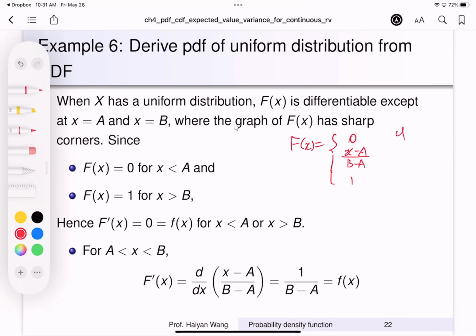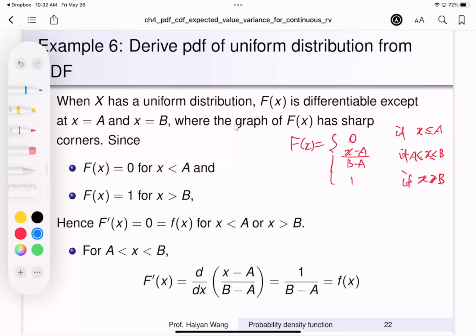This is for X less than A, X between A and B, and X bigger than or equal to B. So we have this CDF written, and if we want the PDF, we take the derivative.